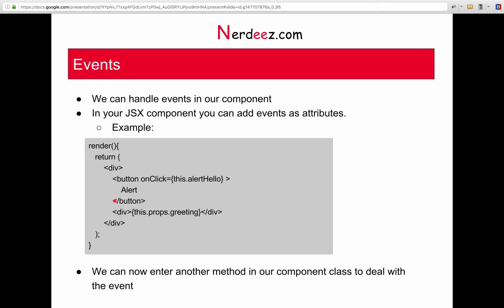And here you have an example of a render method, which returns a div with a button, and the button has an onClick event. And the onClick event is attached to a method, this.alertHello, which will be defined in our component. So this way, whenever a user clicks the button, we activate a method in our component called alertHello.